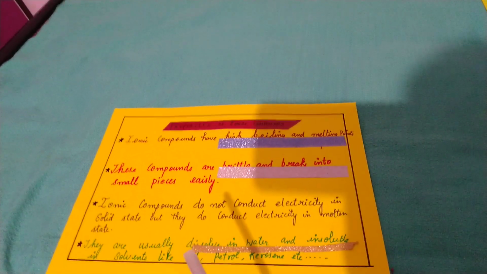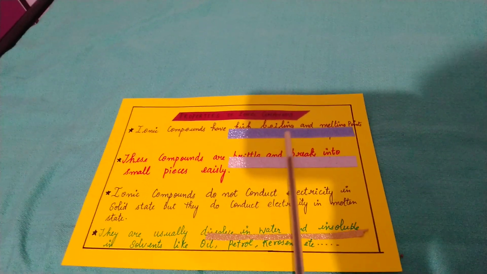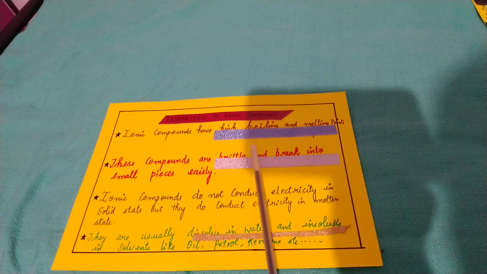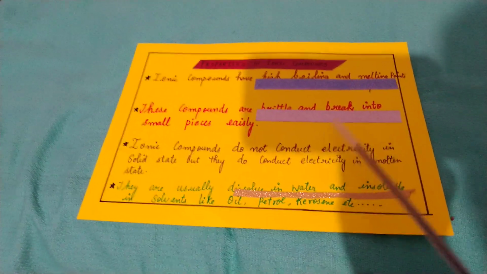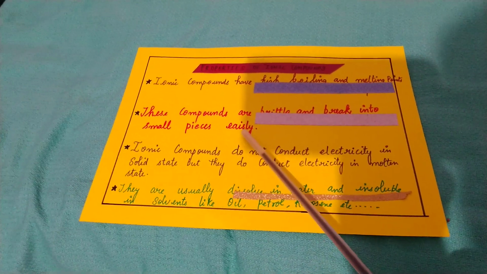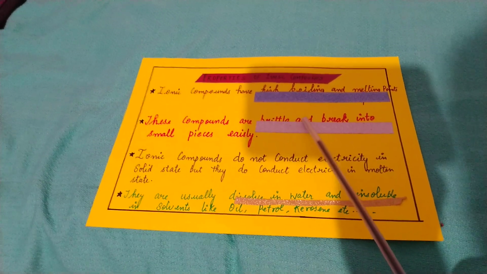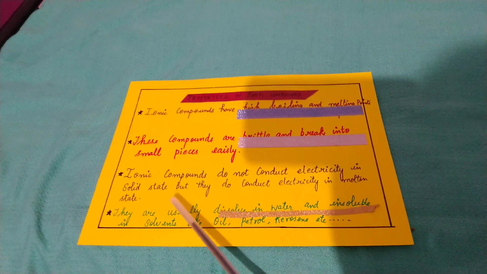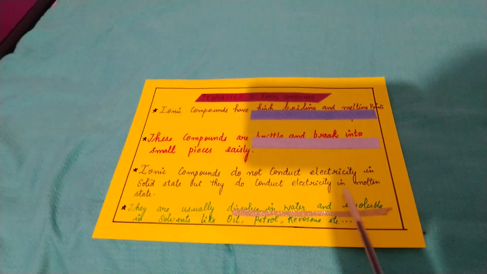Moving on to the next slide, we have to know about the properties of ionic compounds. What properties do these ionic compounds have? Ionic compounds have high boiling and melting points. You have come across the terms boiling and melting point. These compounds are brittle and break into small pieces easily, that means they are easily breakable. Next, ionic compounds do not conduct electricity in the solid state, but they do conduct in the molten state.